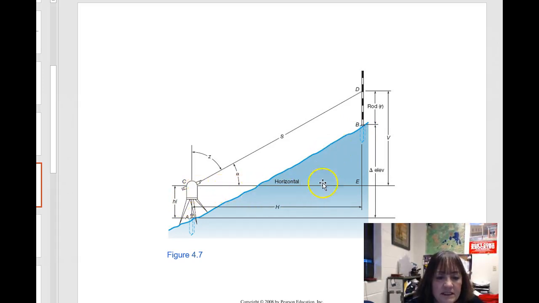The horizontal distance is the distance that is just in the horizontal direction, and the other leg of this triangle, quite literally, is the vertical distance. So you have a horizontal distance, a vertical distance, and a slope distance. They're all intimately related through either the angle alpha, the vertical angle, or z, the zenith angle.